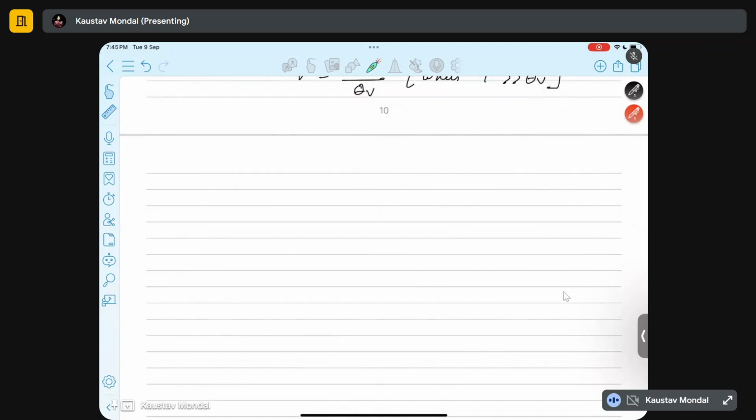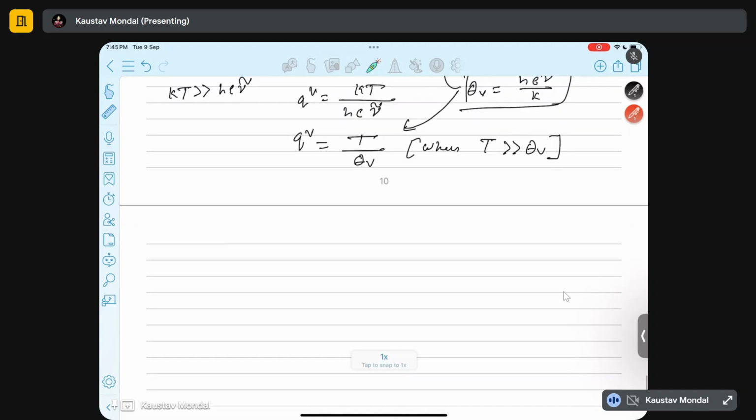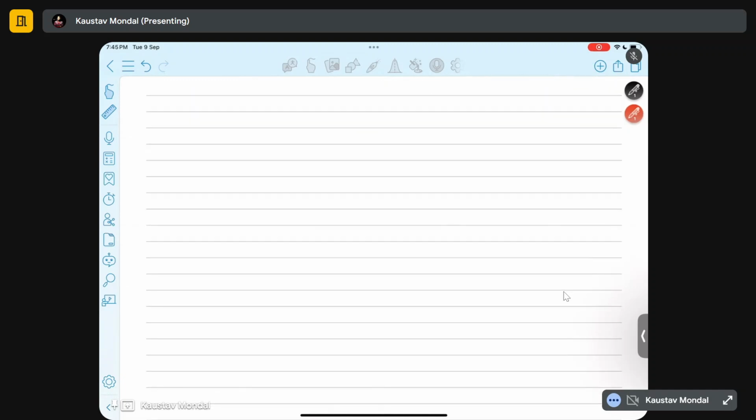But when you solve the problems, what you have to check first is the temperature of the system, and whether T is higher than theta v. These are the tricks for solving problems.